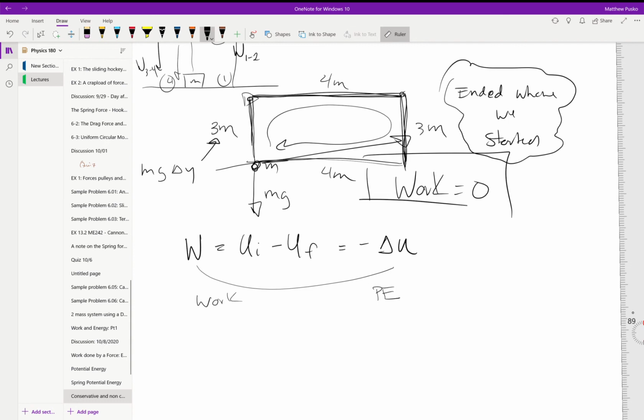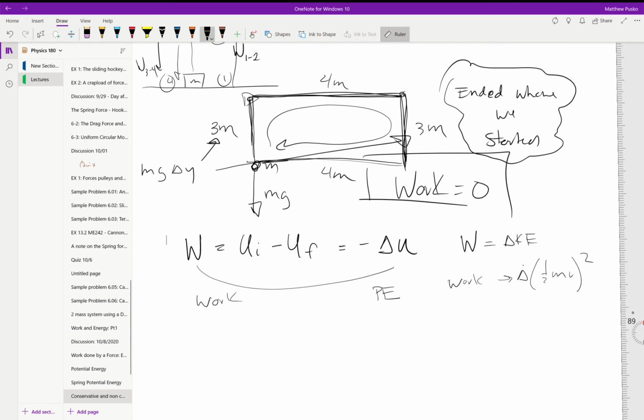We also had a definition that work is equal to the change in kinetic energy. So that's work turning into the change in 1/2 mv squared, right? So you'd have 1/2 mv final squared minus 1/2 mv initial squared.